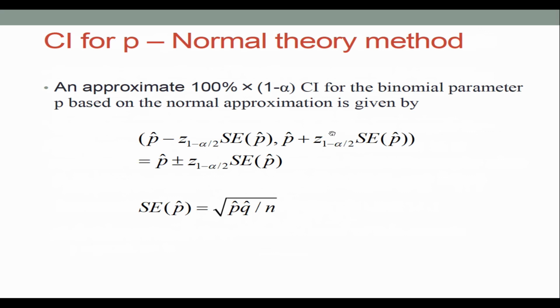This is quite similar to the one we derived for a large sample for the population mean, right? Just replace the sample mean by the sample proportion, and the standard error for the population mean replaced by the standard error for the sample proportion. And because here we are talking about a large sample size, we're using the normal approximation. We're using the critical value from the standard normal distribution here. So the confidence interval is given like that.